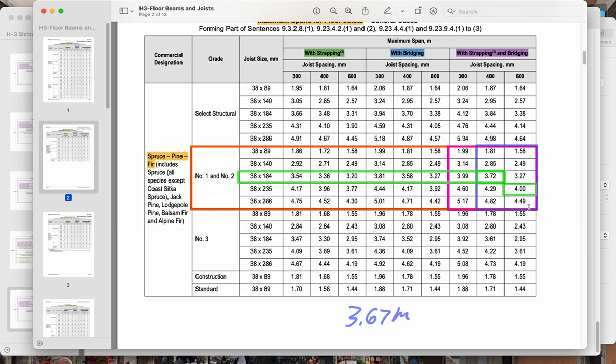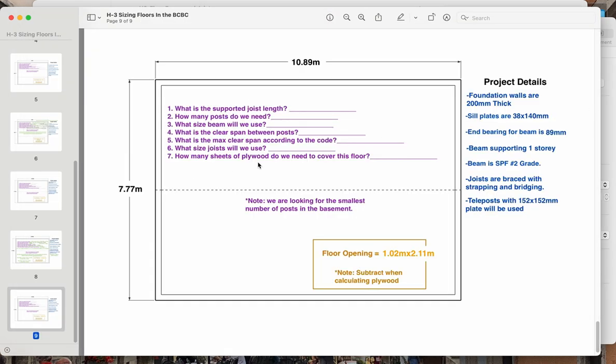So again, you have a choice here. We could do either or, 2x8 at 16 on center or a 2x10 at 600 on center. Depends on how stiff you want your floor. All right, so what size joist are we going to use? It's either a 2x8 at 16 inches or a 2x10 at 24 inches.